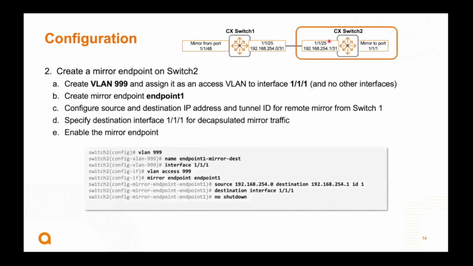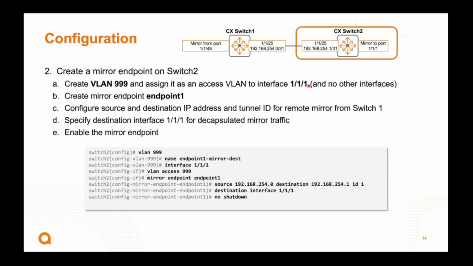Now we move on to switch 2, and that's the endpoint configuration where we're going to decapsulate the mirrored packets that are being encapsulated on switch 1 as they leave the switch in transit to switch 2. The first thing we're going to do is create that isolated common VLAN and assign it as an access VLAN to interface 1/1/11.